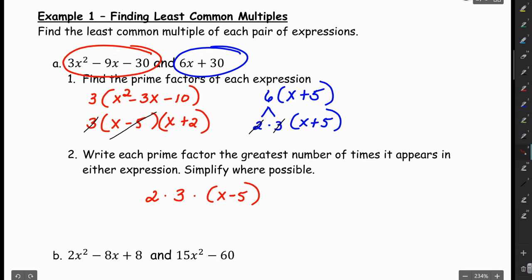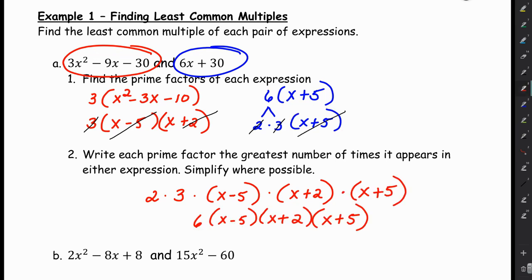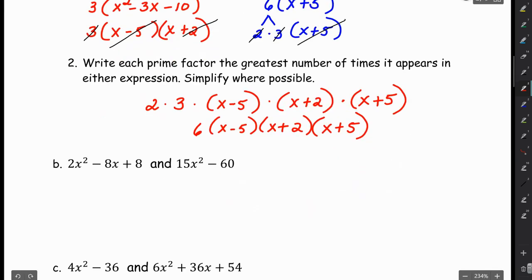Then we have an x plus 2 that only occurs once in either side, so let's put that here. And then lastly, we have x plus 5. And instead of writing 2 times 3, we can just change that to a 6 and then rewrite the linear factors.